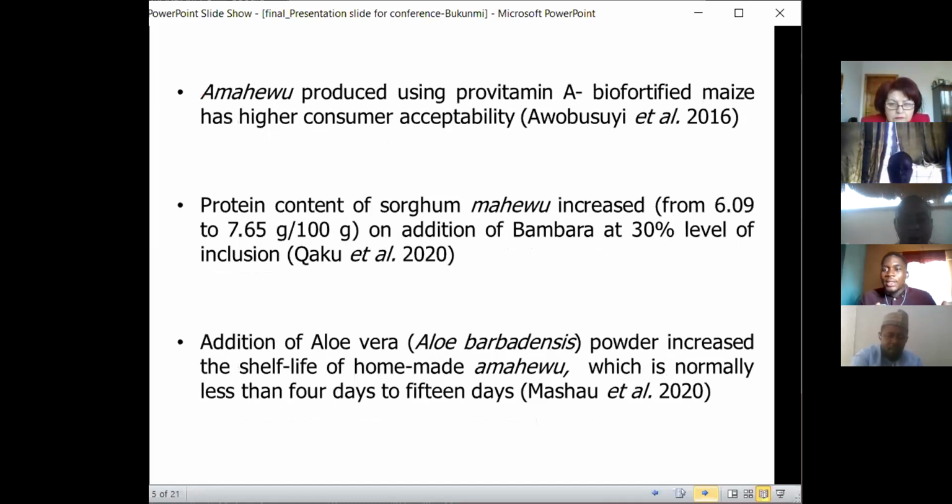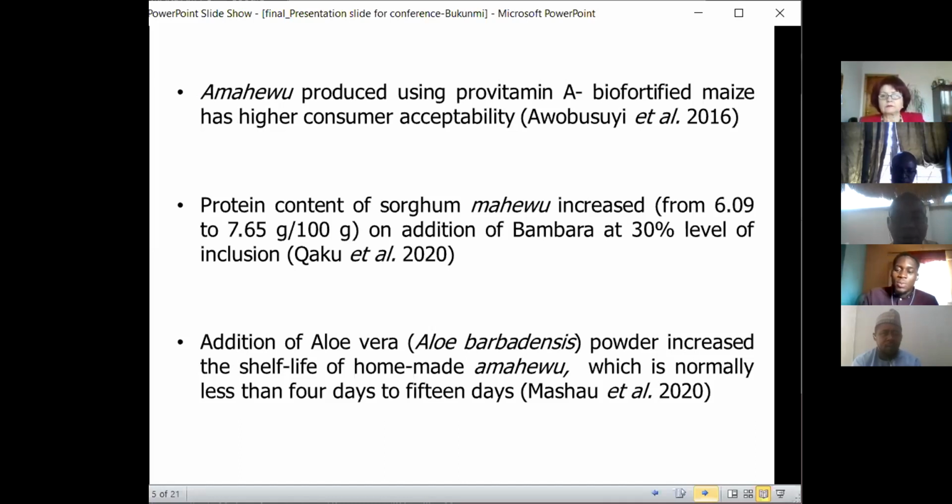Also, generally, the shelf life, that is the period of time the Amaheu can stay, is between 1 to 4 days. Meshao et al. 2020 found that if we add aloe vera to Amaheu, the shelf life can be extended to about 15 days.